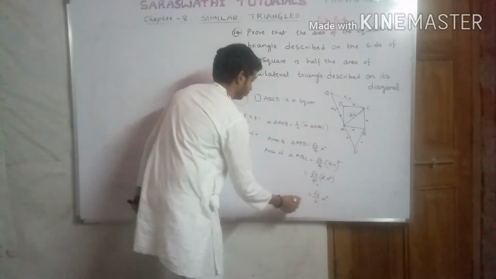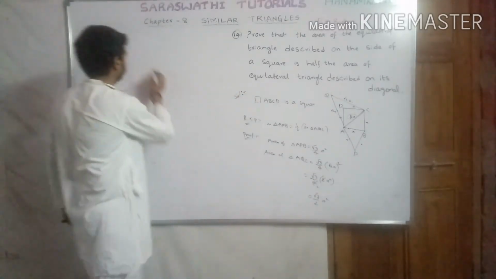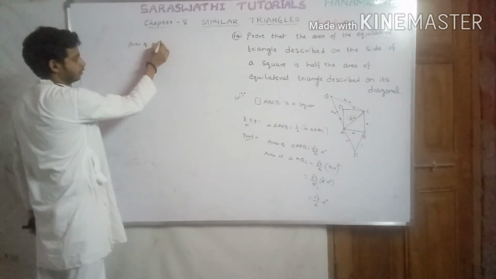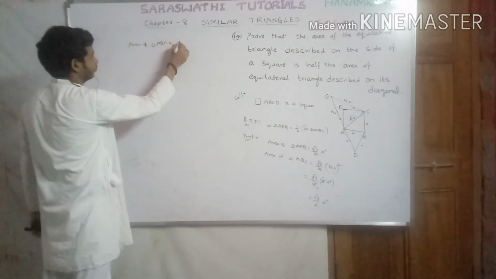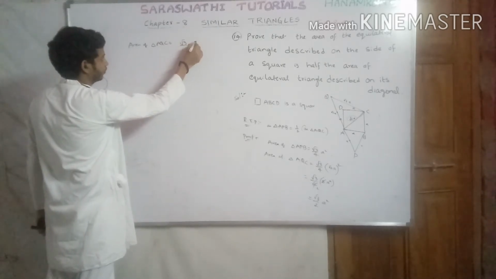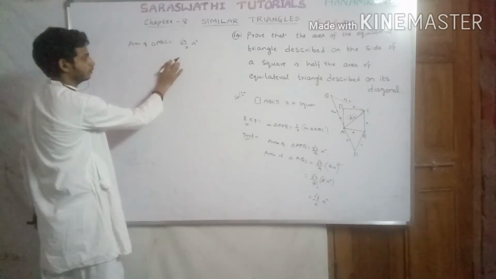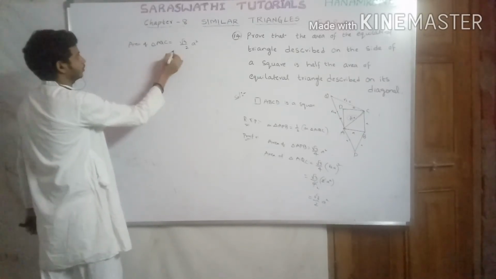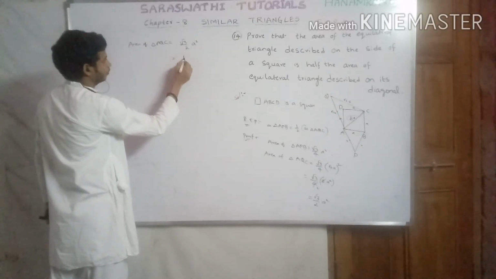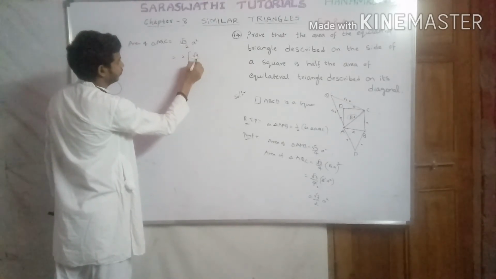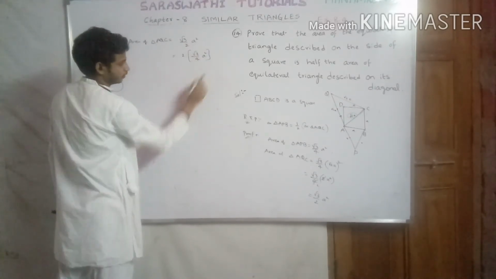Now we got that area of triangle AQC equals root 3 by 2 a square. This can be written as 2 into root 3 by 4 a square.